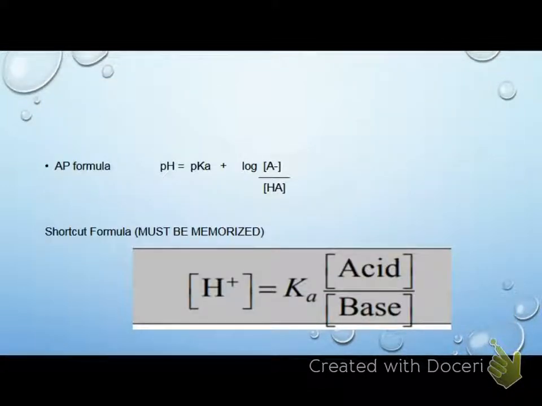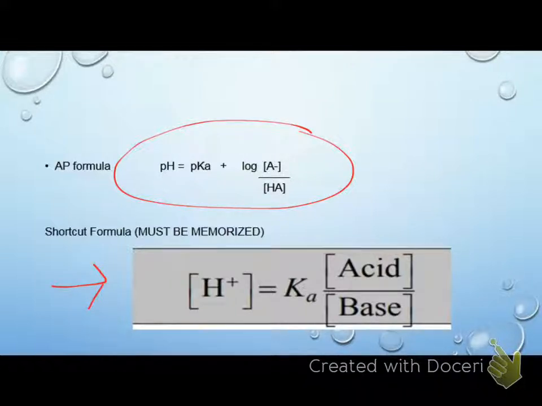But this right here is the formula that they will give you on the AP exam, on the yellow sheet. It's called the Henderson-Hasselbalch equation. You don't have to memorize that. However, this is a shortcut formula that I feel works better, that I got from a class. If you want to use this formula, you do have to memorize it. They don't give it to you.